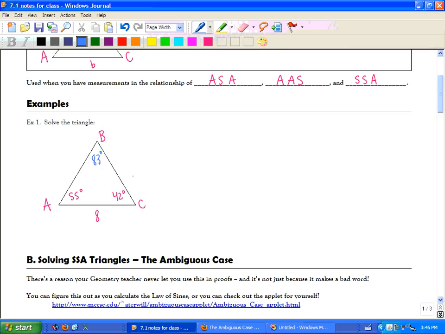And from there, you can set up a proportion. We could do little a over the sine of 55 equals little b, which is 8, over the sine of 83, which equals little c over the sine of 42. And you're going to use any two of these at a time and cross multiply.